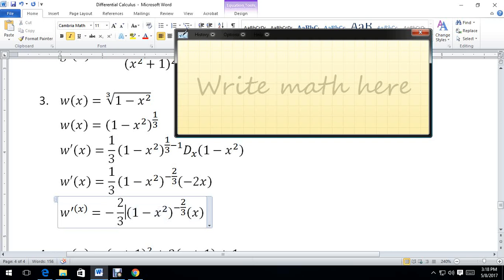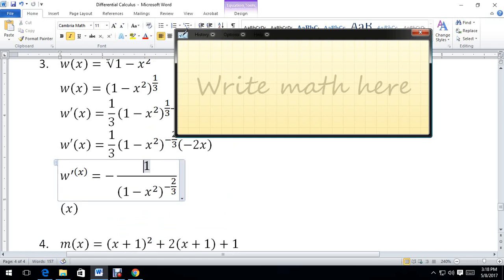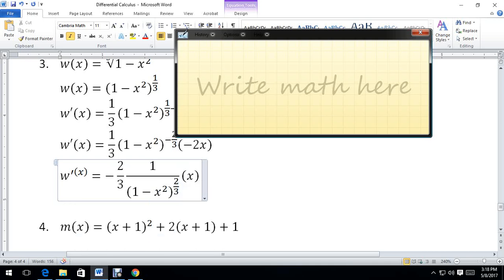Doing that, we need to have a fraction form of this one, so that would be 1 over something 2/3. 1 over. Now, getting the reciprocal means that the exponent negative 2/3 becomes 2/3 only. And as for this part x, we could place x here as the numerator of our expression, so we'll just remove that part.